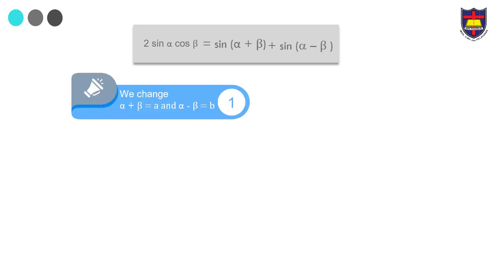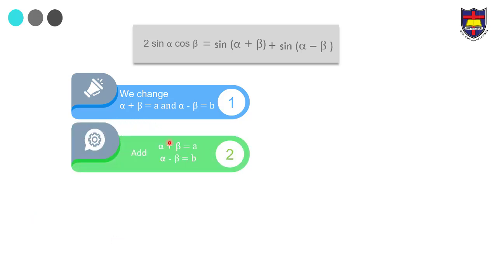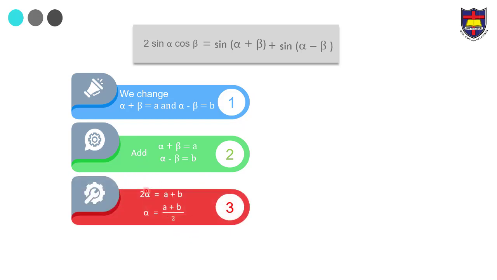We will take alpha plus beta and suppose it as one angle A, and alpha minus beta as B. After that, we can add alpha plus beta, which is A, and alpha minus beta, which is B. So now we eliminate the beta, and we have 2 alpha equals A plus B, so that alpha is A plus B over 2.